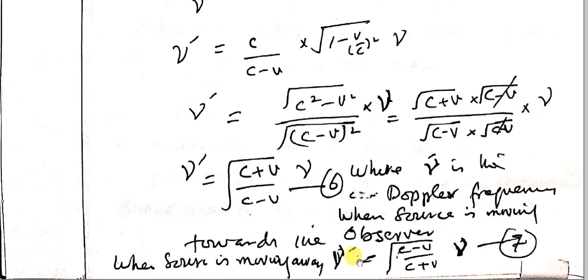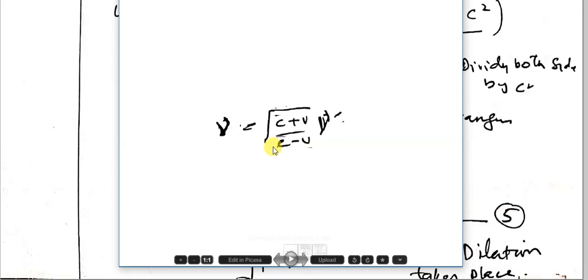Vice versa, we can put the other equation as well. The frequency observed by the stationary observer is given by nu equal to the square root of c plus v divided by c minus v, times nu prime.